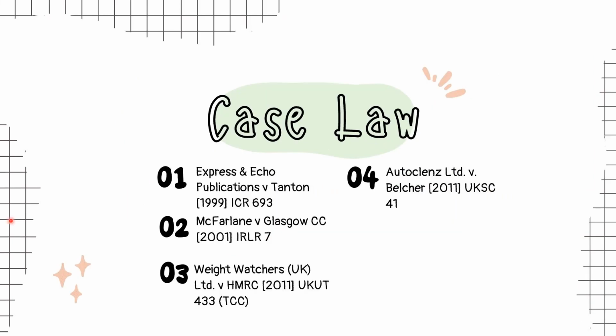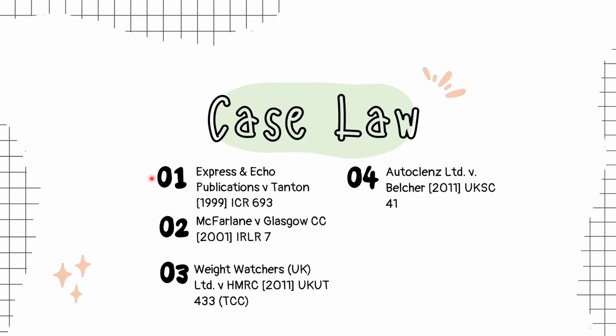As I said before, because I don't want this video to be extremely long, I am going to go through only one case, but in the ebook we go through all the cases and we also explain what distinguishes the case of Express and Echo Publications versus Tanton and McFarden.